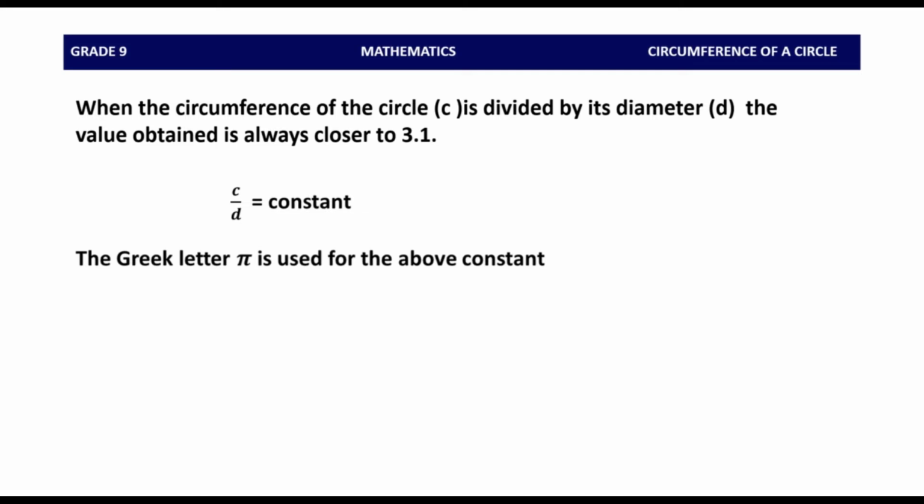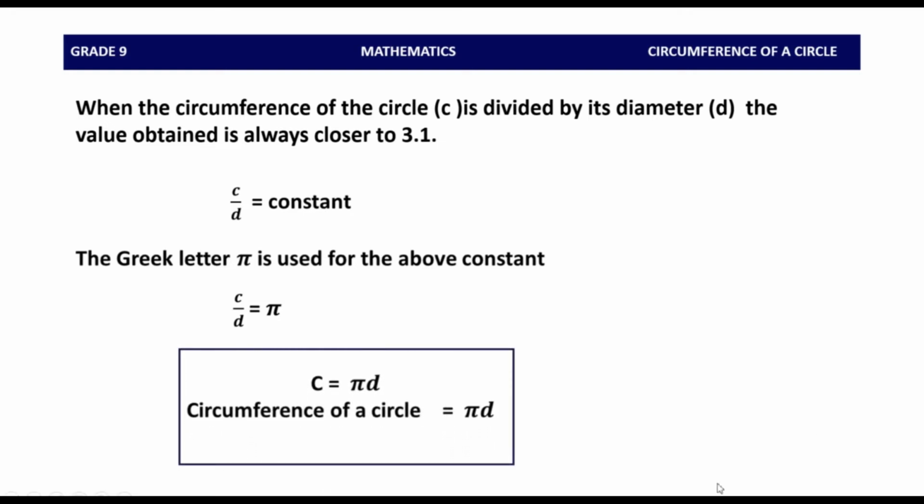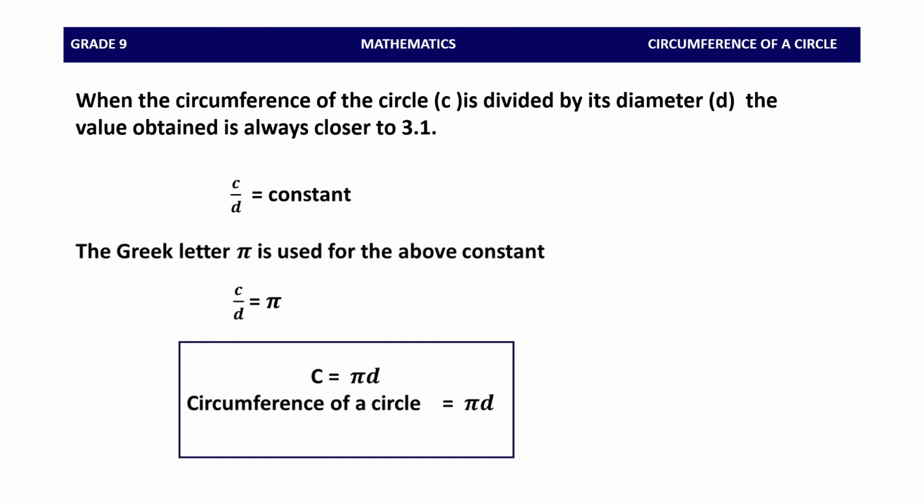So C over D is equal to pi. Multiply both sides of the equation by D and we get C is equal to pi D. So the circumference of a circle is equal to pi D.